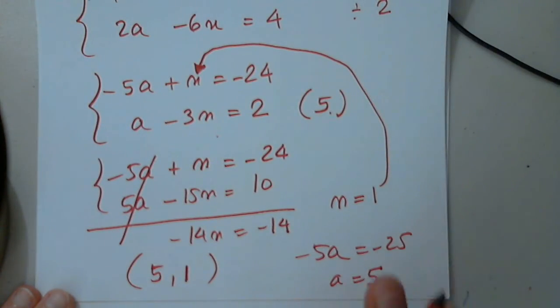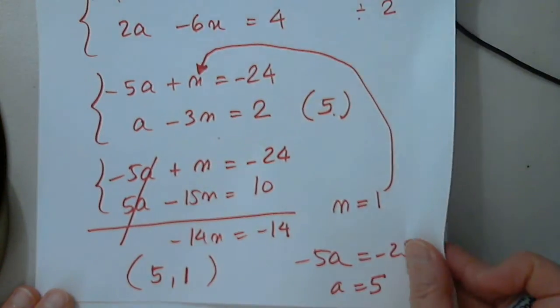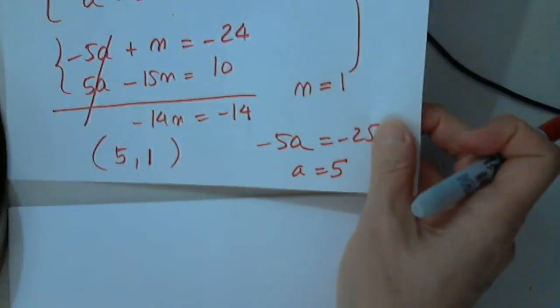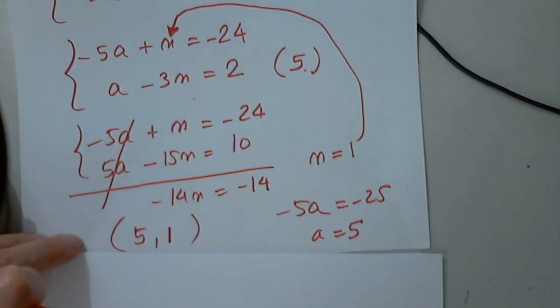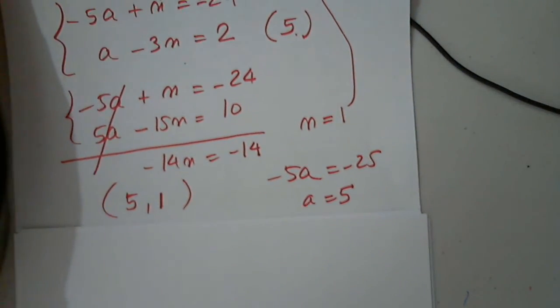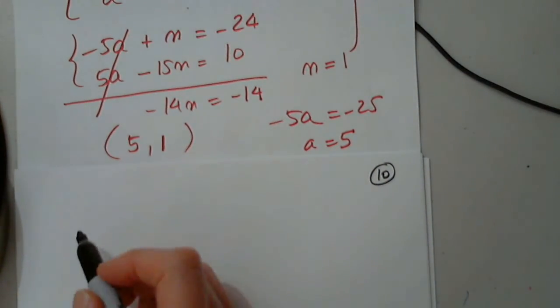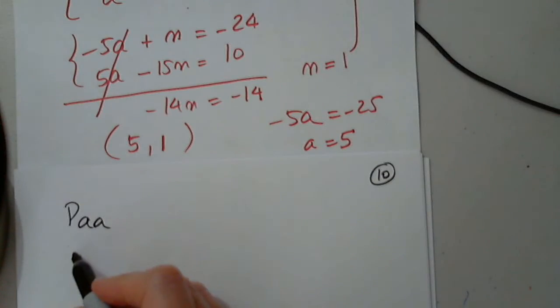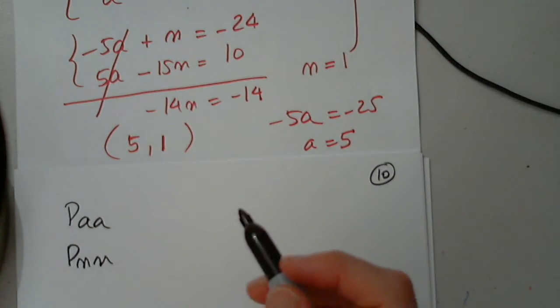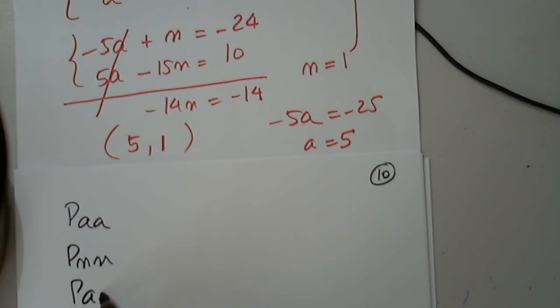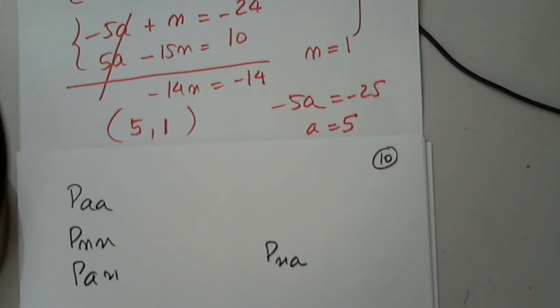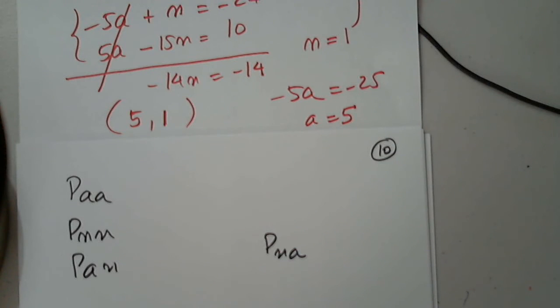I don't know. I have to conduct the D test. I don't know if this is indeed a maximum. So in order to find out whether this is a maximum or not, we will have to continue finding PAA, PNN, and PAN. Of course, it will be the same with PNA, and conduct the test. Any questions so far?